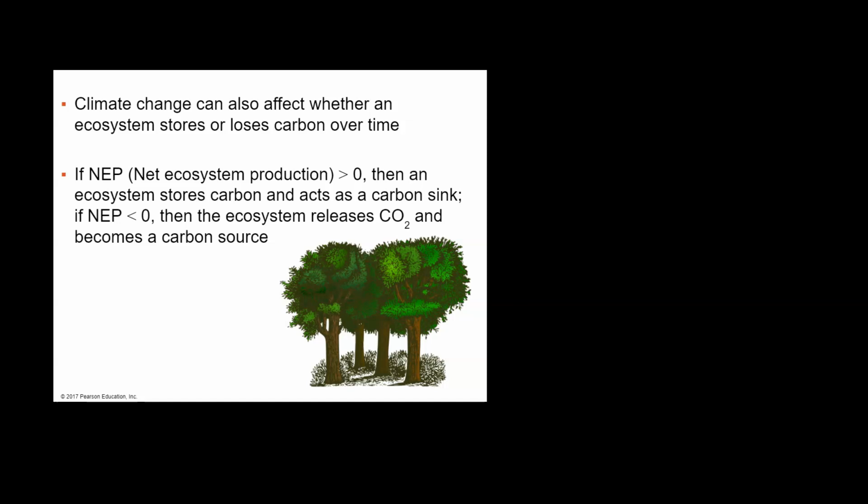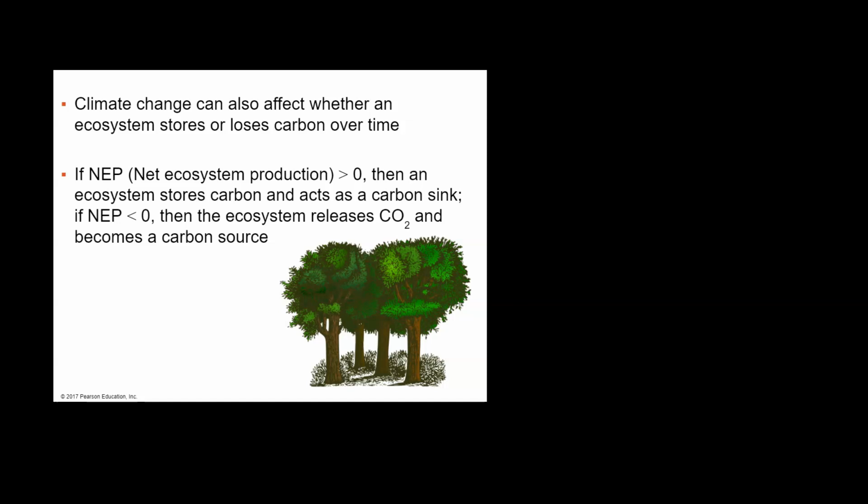If it's a sink, that means it would have a net ecosystem productivity number that's greater than 0, so a positive number. And if it has a negative net ecosystem productivity, then the ecosystem actually is releasing more carbon dioxide than actually storing it. And so that makes sense.